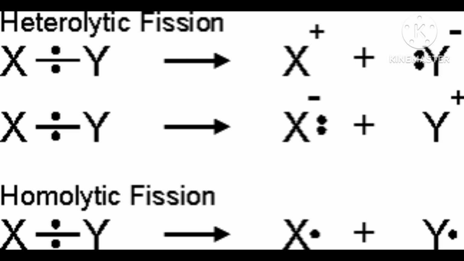Already I have told you. If the radical carbon is attached to one carbon, it is the primary alkyl radical. If with two carbons and one electron, then secondary.